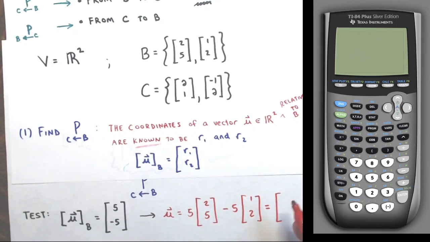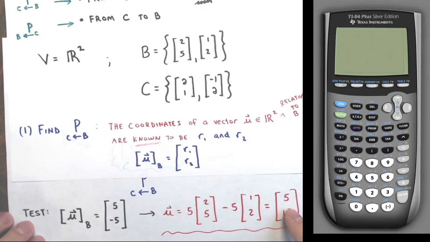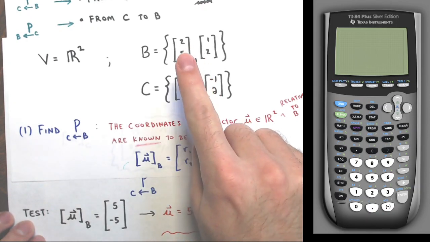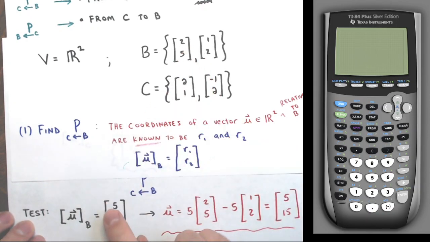It would be 10 minus 5 is 5, and then 25 minus 10 is 15. There's vector u, 5, 15. Let's keep that in mind. The coordinates of this vector with respect to the first basis B are 5 and negative 5.